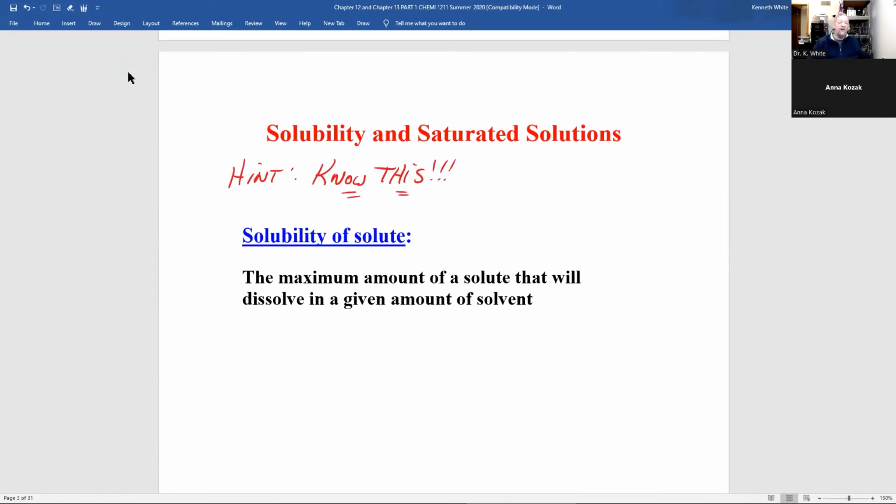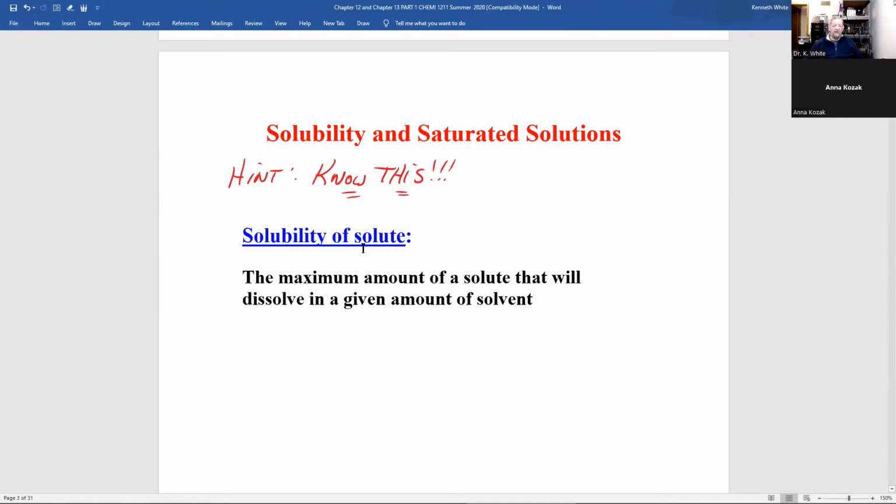And you should know that the solubility of a solute in a solution is the maximum amount of solute that will dissolve in a given amount of solvent, under certain conditions like temperature and pressure.